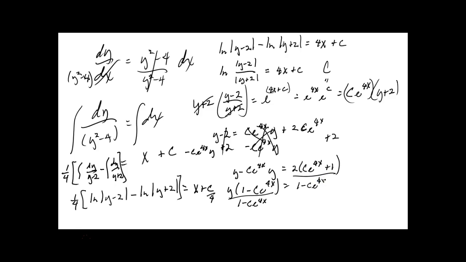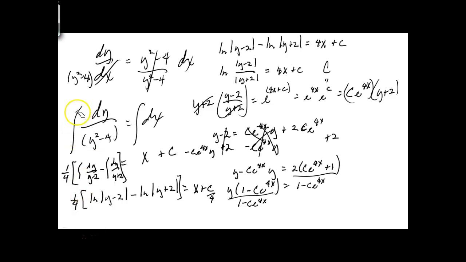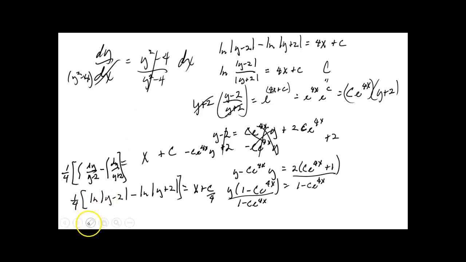Now, what I think I'm going to do is erase something else. Maybe this right here. I'm long past thinking I might use anything again. Let's see how this looks now. y is equal to, now, I'm going to put my 2 up here. In parentheses, I'm going to reverse the order of these two.